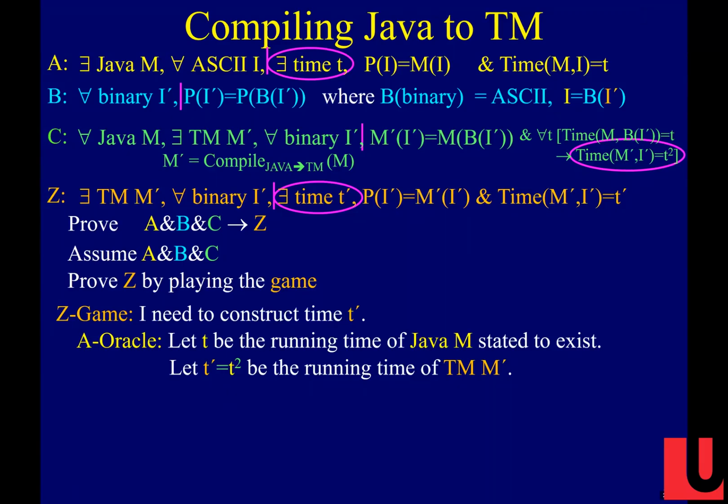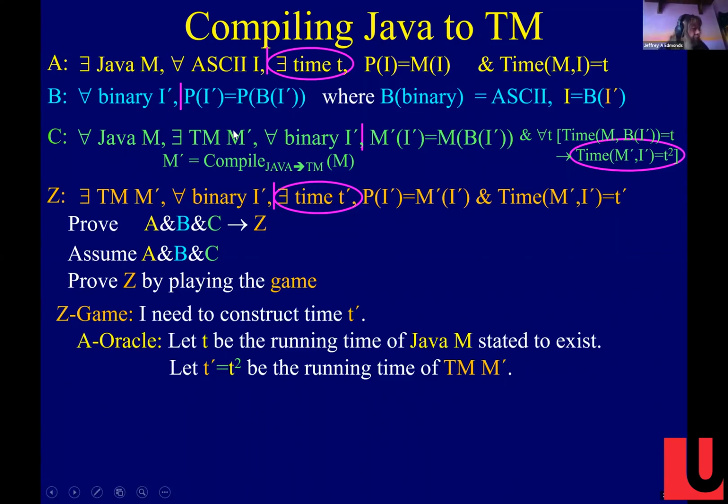Well, why is it squared? What is the time of the Turing machine? Well, what is the compiler promising us? We give it a Java program, it will give us a Turing machine, right?